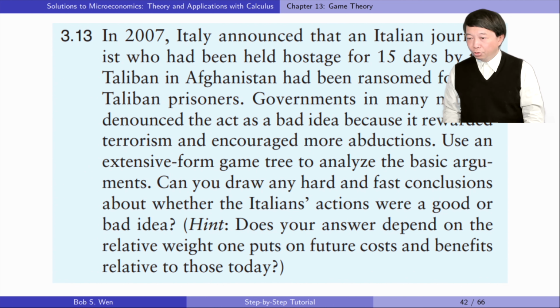Governments in many nations denounced the act as a bad idea because it rewarded terrorism and encouraged more abductions. Use an extensive form game tree to analyze the basic arguments. Can you draw any hard and fast conclusions about whether the Italians' actions were a good or bad idea?